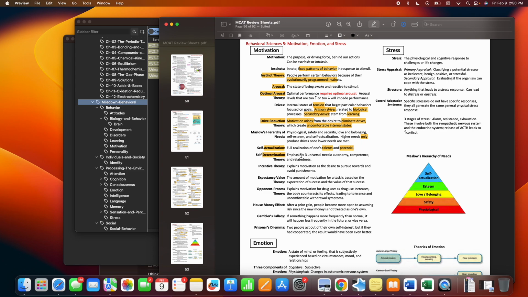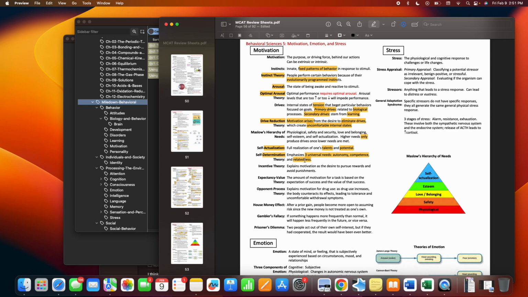Self-determination theory emphasizes three universal needs: autonomy, competence, and relatedness. You want to have a sense of autonomy, being able to determine your future. You want to be able to compete. You have competence, skill sets, and you want to feel related.